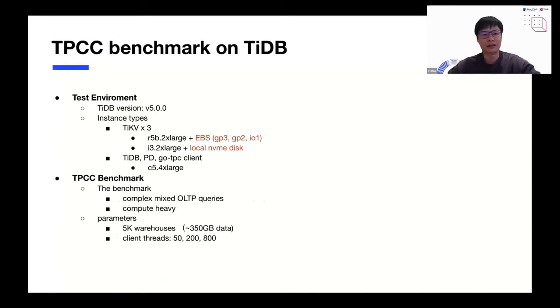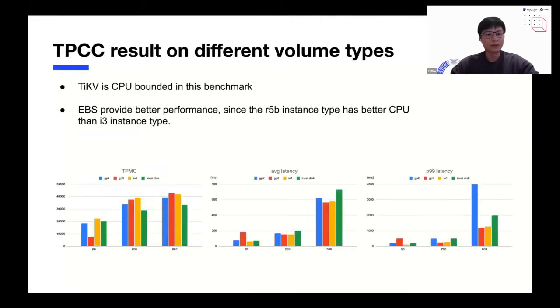So we continued to run some actual benchmarks on TiDB, and again here we are using the TPCC benchmark. We run it against TiDB running on different EBS volume types, and compare to the TiDB using a local disk. We test TPCC with different numbers of threads to simulate different types of workload.